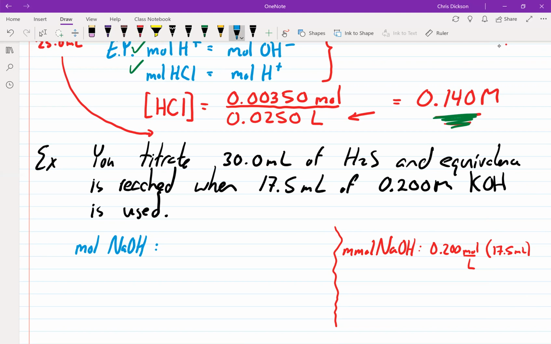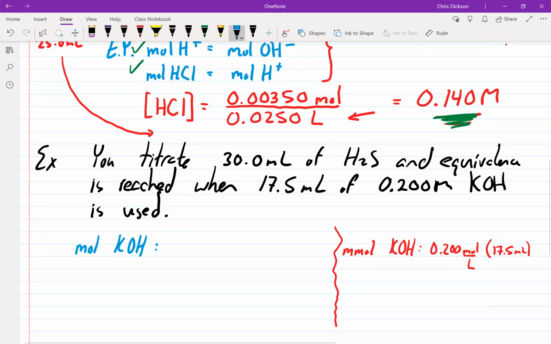Okay, so the first thing we need to find out is the moles of the KOH that we used here, our base being potassium hydroxide. To do that, we want to find out the volume of base we used, and also the molarity of that base.